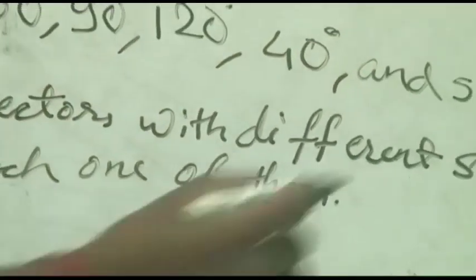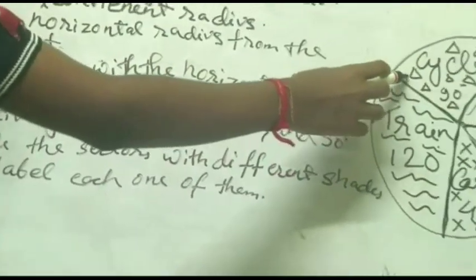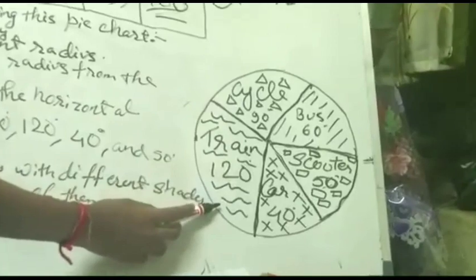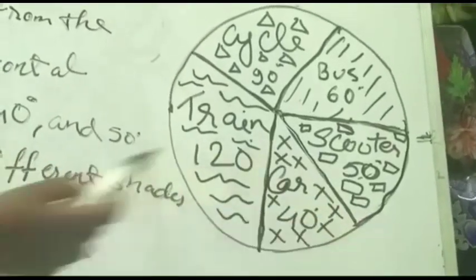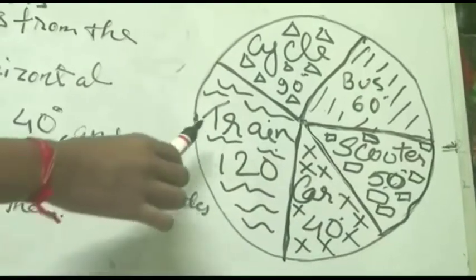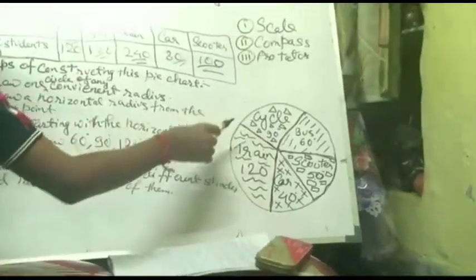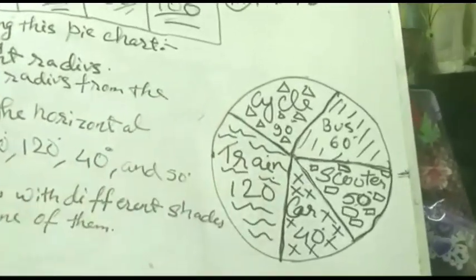See the fourth step. First one I have drawn line. Second I have drawn triangle shape. Third I have drawn curved line. Fourth I have drawn cross. And fifth I have drawn square. And label: first one bus, second one cycle, third one train, fourth one car, fifth one scooter.